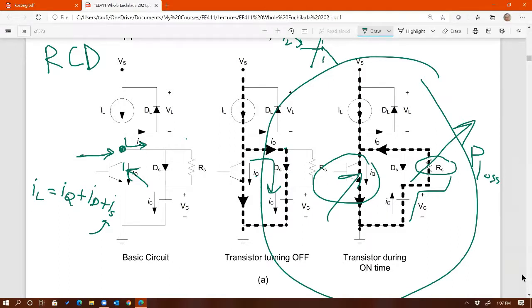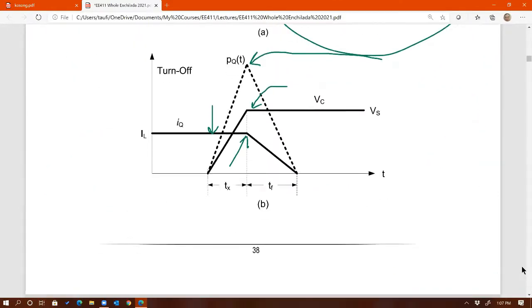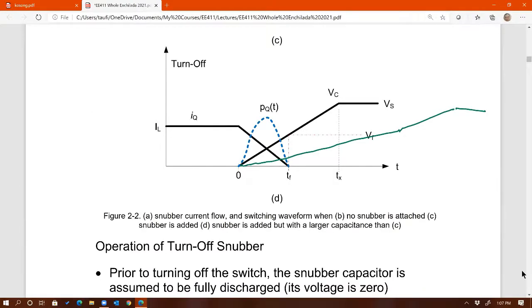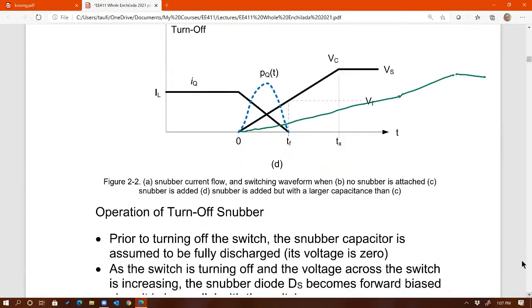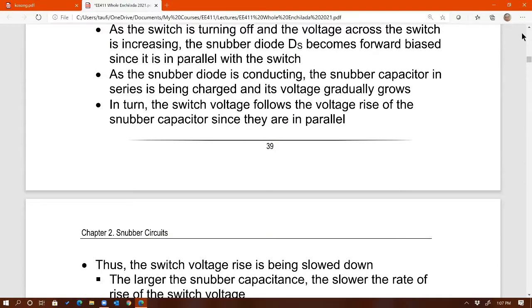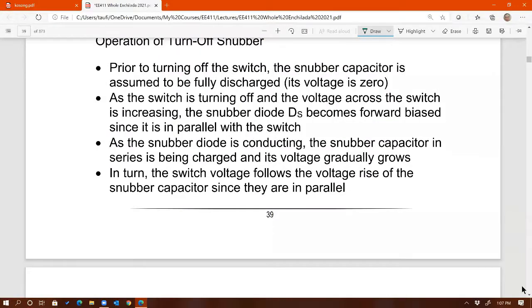So how do we pick proper sizes of these components, capacitor and resistor? Well, this is where we have to use mathematical equations. Math is our friend here. By looking at the mathematical equations, we can do the analysis and determine a good size for this cap and the resistor.